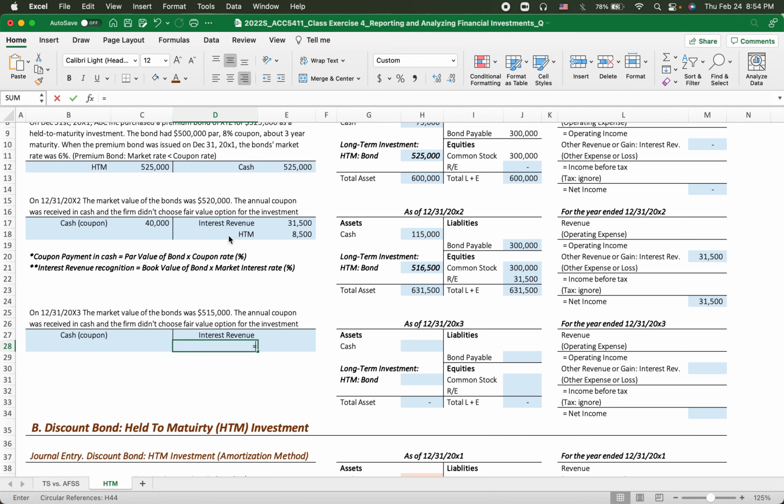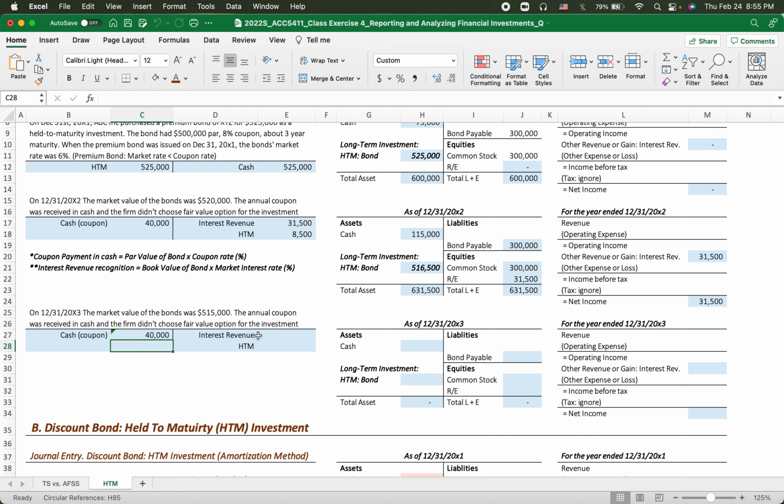One more time, interest revenue. We have to recognize the second year, and in the second year, the interest revenue and the coupon. How do we calculate the coupon? Again, the same. The coupon amount is always a fixed income, right? So we use par value 500,000 times the coupon rate.